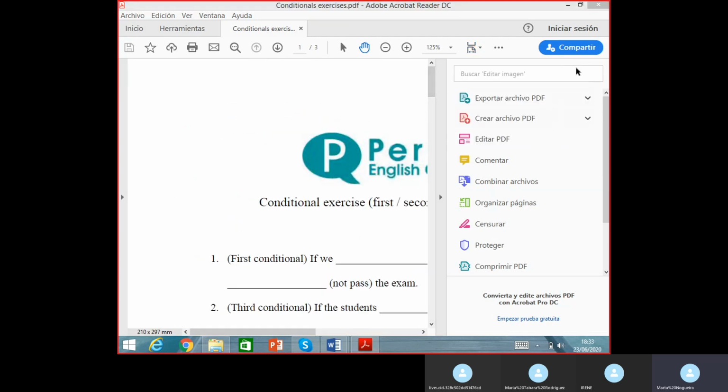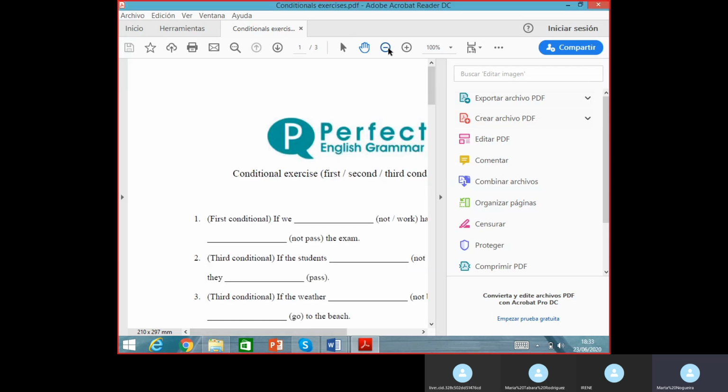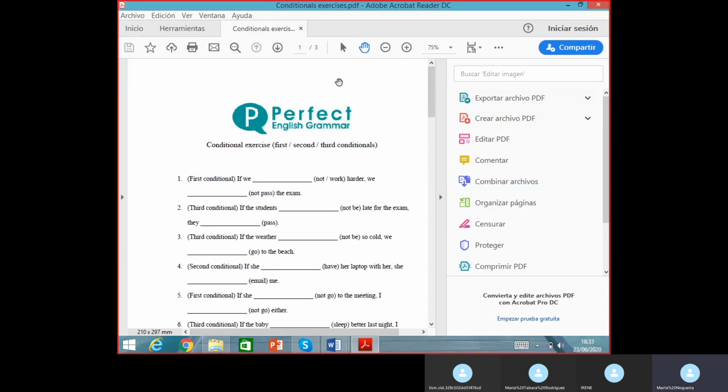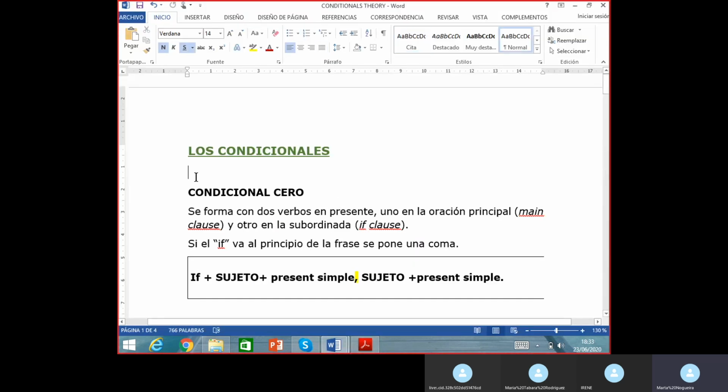First, I'm going to tell you something about the exam. In the exam, we don't have these labels, of course. We don't have first conditional, or you have to put second conditional, but in the exam you're going to be given the first part or the second part. Okay, so in the exam it is going to be like: if I wouldn't have missed the bus.